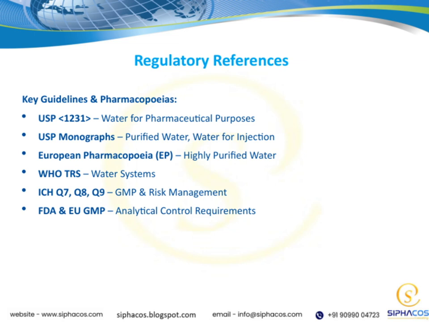Finally, we have the regulatory expectations set by agencies like the FDA and the European Union, which specify analytical control requirements. These standards help us verify that our water systems meet the necessary safety and quality benchmarks. Overall, these references form a framework that supports the integrity of our water systems, ensuring that everything we produce is safe and effective for patients. They're interconnected, helping us uphold the highest quality standards in pharmaceutical manufacturing.